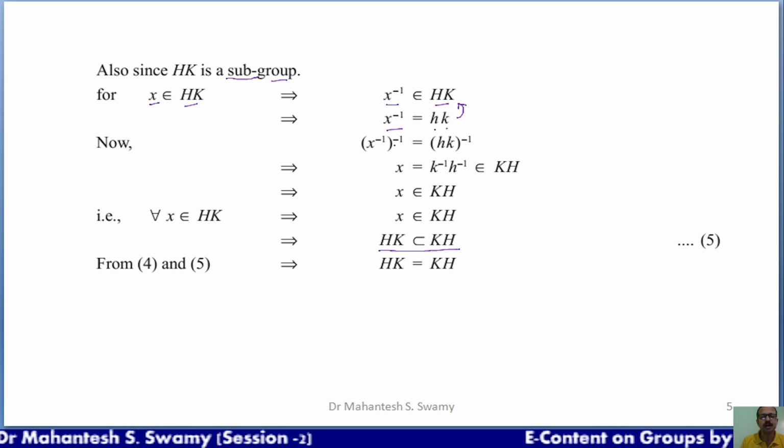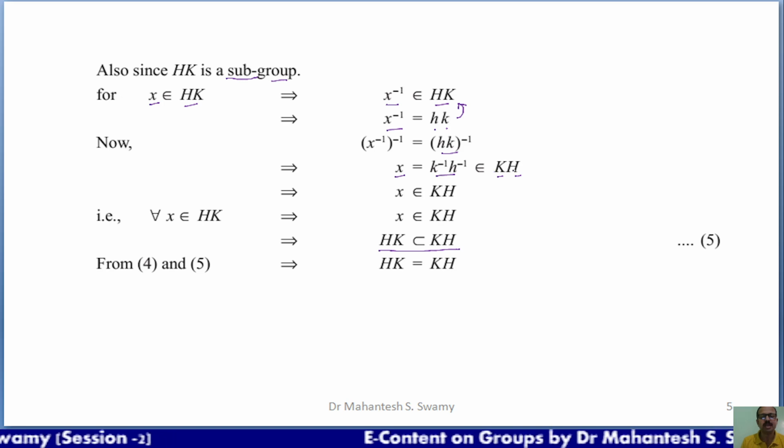Now let us simplify. x inverse whole inverse is x. This is very, very simple. Now the reversal law is applicable here. So it is k inverse h inverse. Of course, it is an element of KH because k inverse belongs to capital K, h inverse belongs to capital H, so k inverse into h inverse belongs to capital K into capital H.